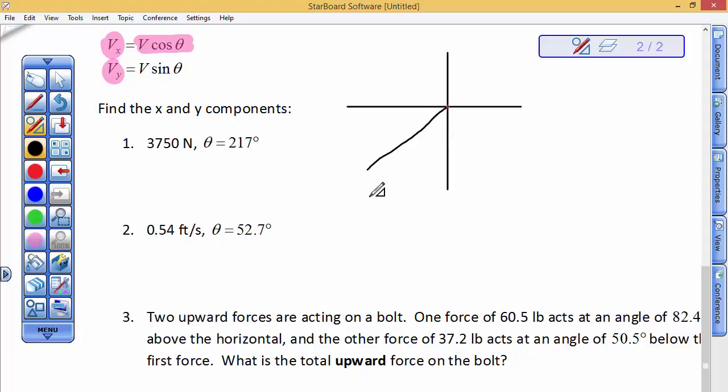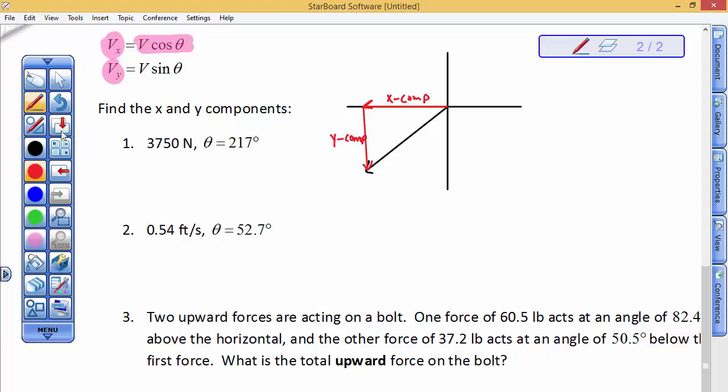And we are looking for its x component and its y component that make up the vector itself. So we can see that the x component is going to be negative, and so is the y component, because we're in the third quadrant.